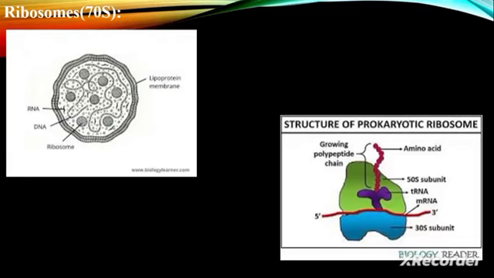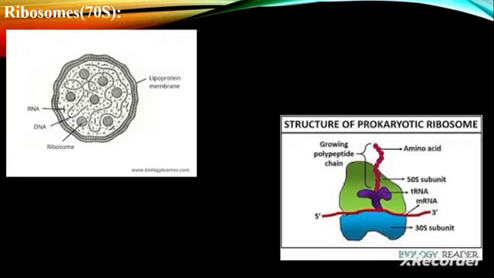On the screen, one ribosome is composed of two subunits. Let's see the second picture. It shows the ribosome composed of two parts: a large subunit and a small subunit.